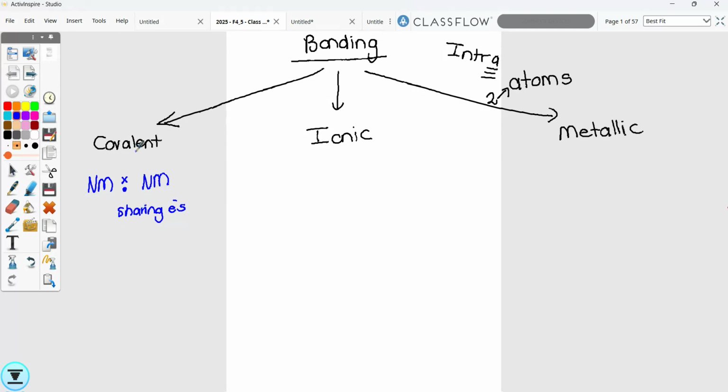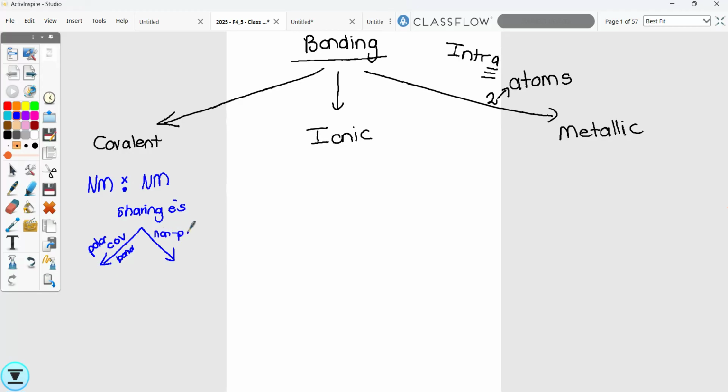But you don't get a mark for just saying that it's covalent. You need to say which type of covalent. So we want three words. Remember last year I was hammering on the fact that you have to have three words. Is it a polar covalent bond, or what's the other one?